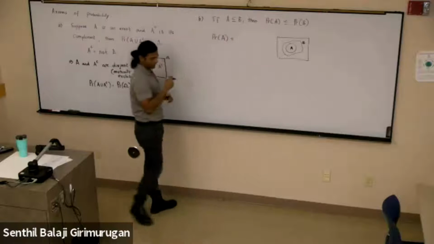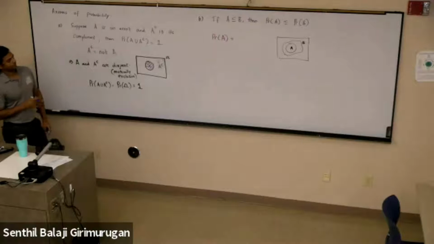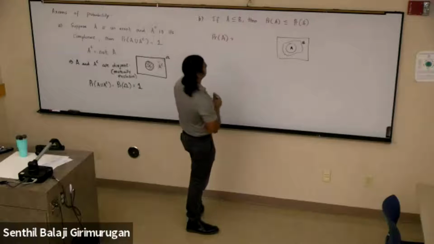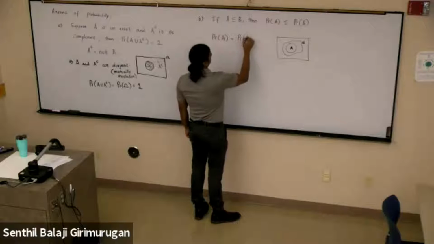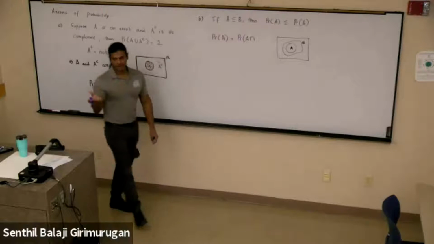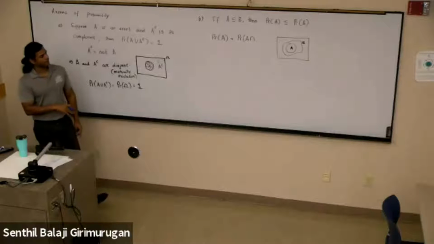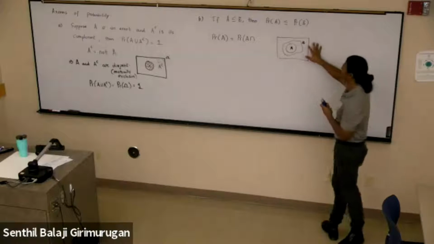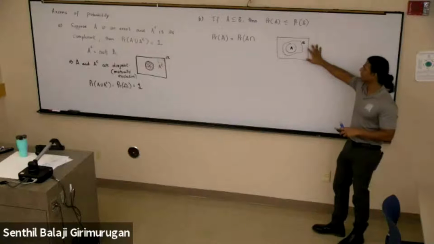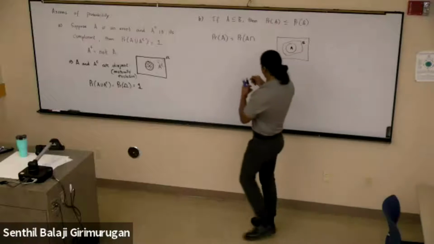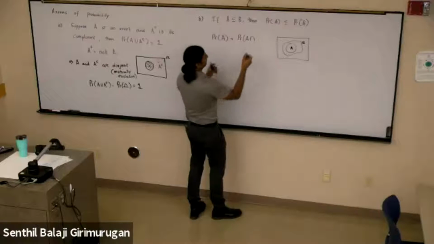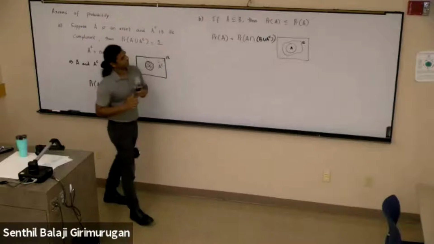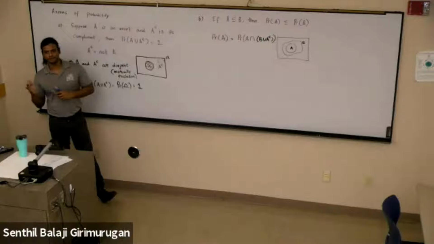So how can we write the probability of A? Well, we could write it in a bunch of ways. A overlaps with B, and all of that around it would be A complement, right? So whatever is common with B union A complement would be the probability of A, right?